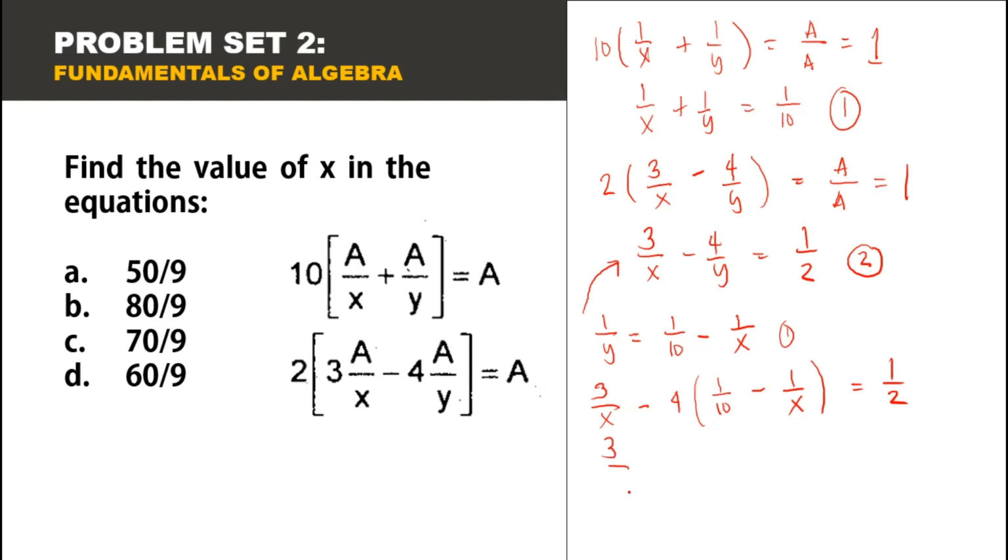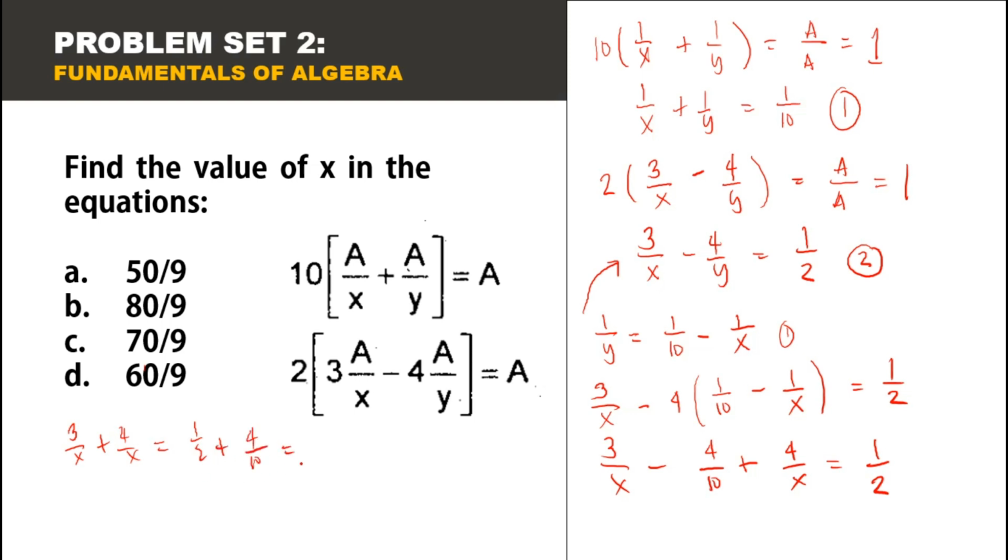You have one equation, one unknown, so we can solve for x here. You have 3 over x minus 4/10, so this is negative 4 times negative, that is a positive, so plus 4 over x, that is equal to 1/2. We have 3 over x plus 4 over x is equal to 1/2 plus 4/10.